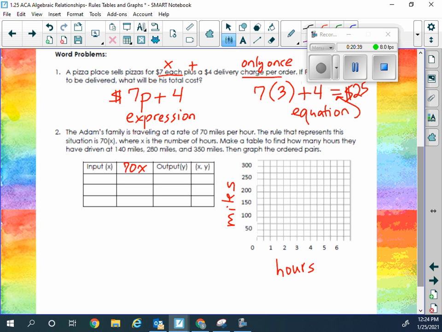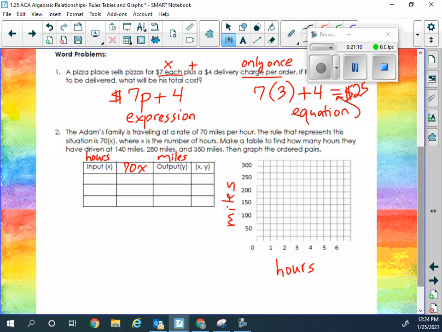Okay. So now that I know that my X is my hours, I'm going to move that over here to my table. And my output was the Y. So going back to the story, I was able to fill in 70X. What else can I fill in? You can fill in the output and you can also fill in the transfer. I can fill in 140, 280, and 350. Where do those go?